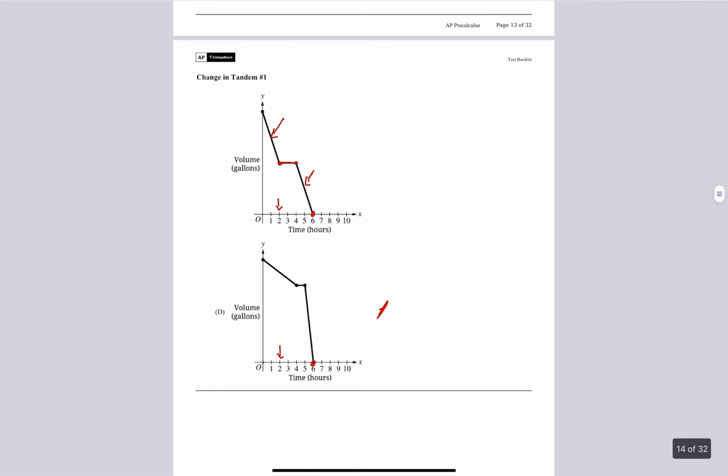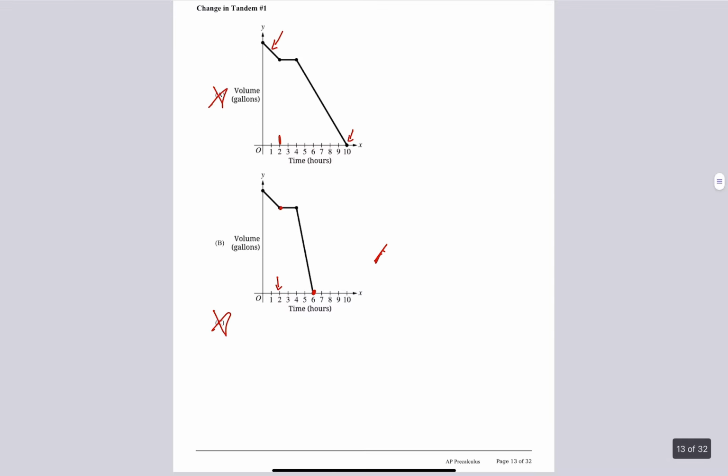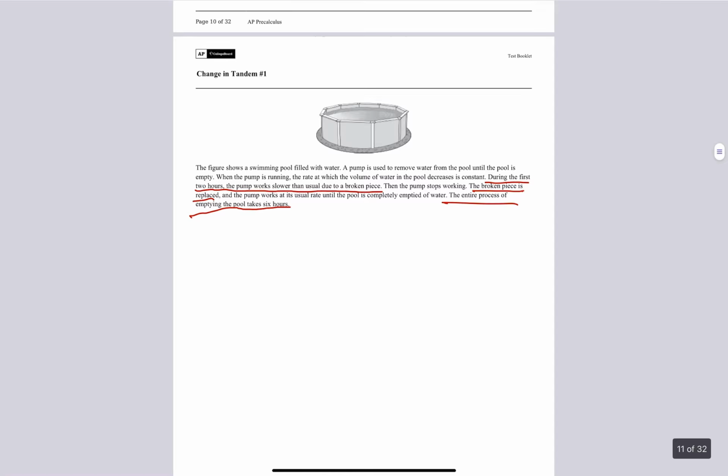Why isn't it D? Because it was working fine for the first 2 hours, then it broke, right? At the 2 hour mark, they started fixing the pump. Let's go back to the context. During the first 2 hours, the pump works slower than usual due to a broken piece.